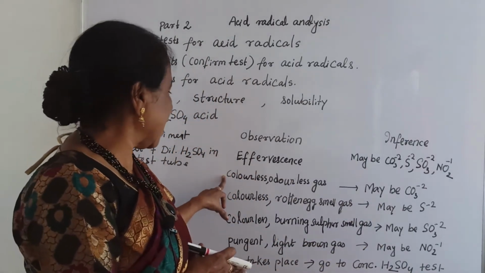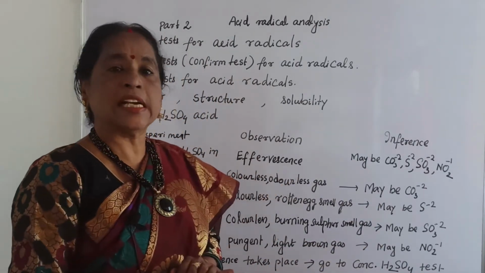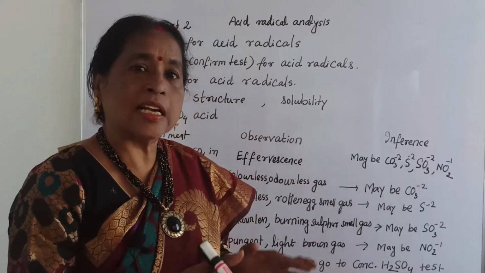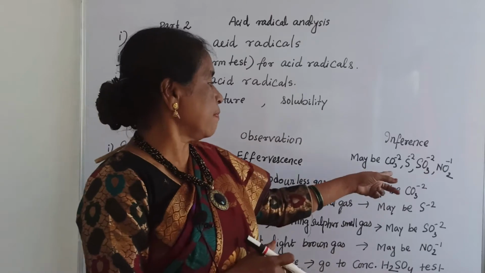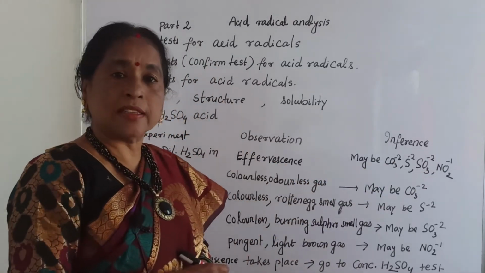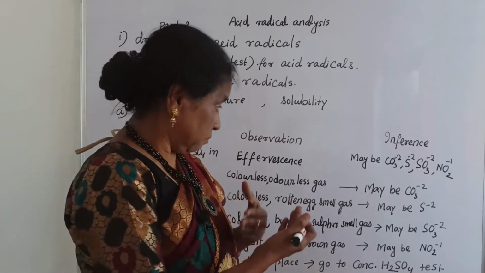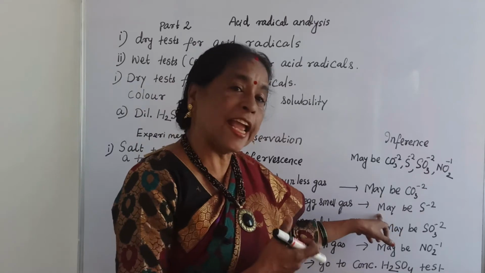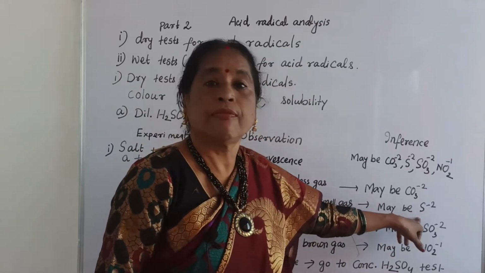First point, colorless odorless gas. Out of these four, a colorless odorless gas is only possible if carbonate is present. Colorless with rotten egg smell: if you feel that rotten egg smell, then immediately you think it may be sulfide.